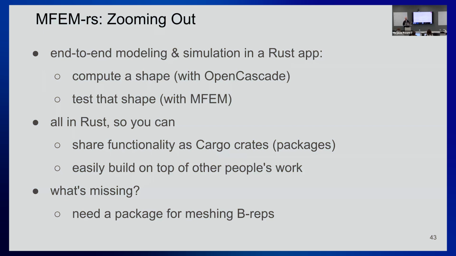You can share functionality that you build as cargo crates, for generating shapes and also for doing the analysis using MFEM. And you can easily build on top of other people's work, the same way you will publish your own. The missing piece is a package for meshing BREPs.